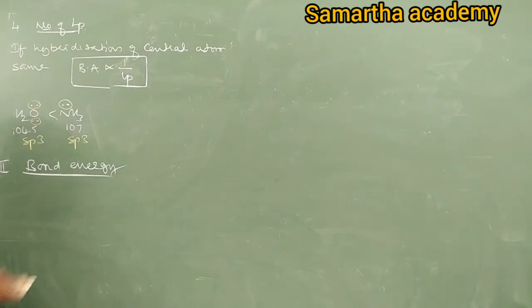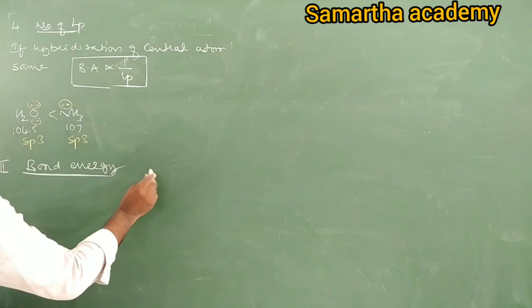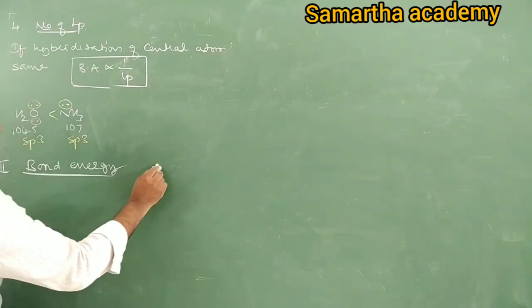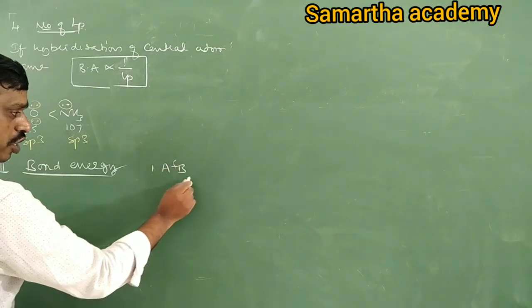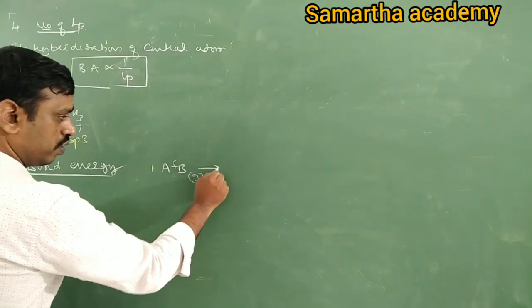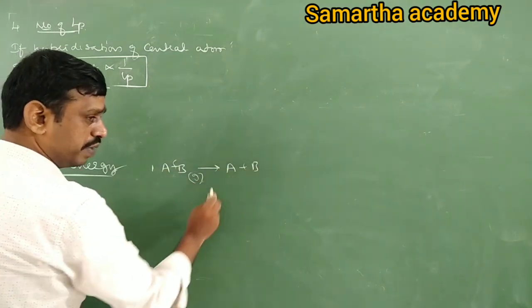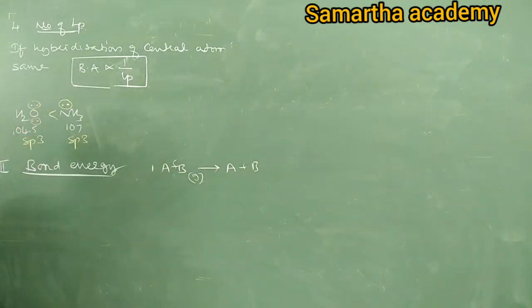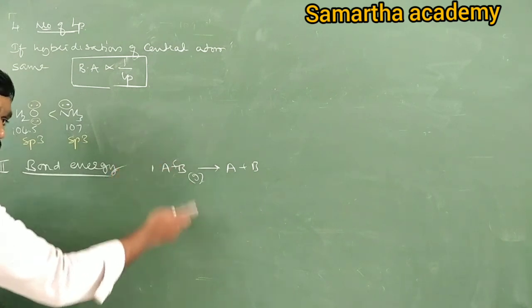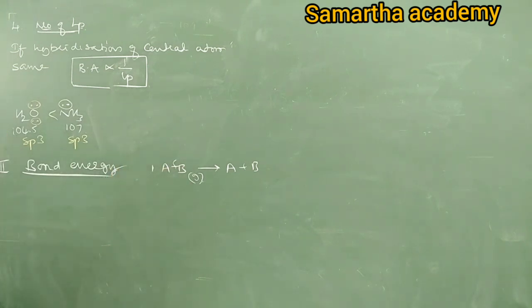So this is the energy of a bond. Take 1 mole of AB molecule in the gaseous state and break it, and you get atom A plus atom B. To separate atom A and atom B, some amount of energy is required, and that energy is called bond energy.